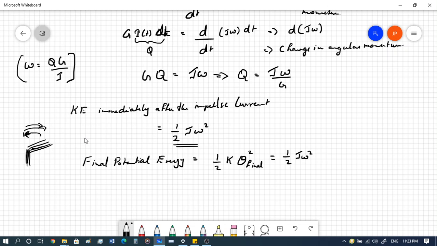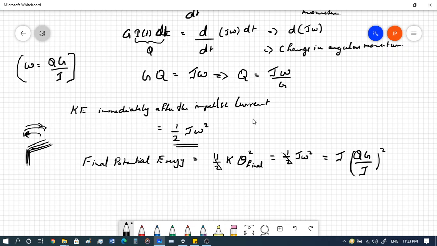So if we equate these two equations, you can cancel out the half and half, and for omega we can substitute this expression, that is J into QG by J the whole square.